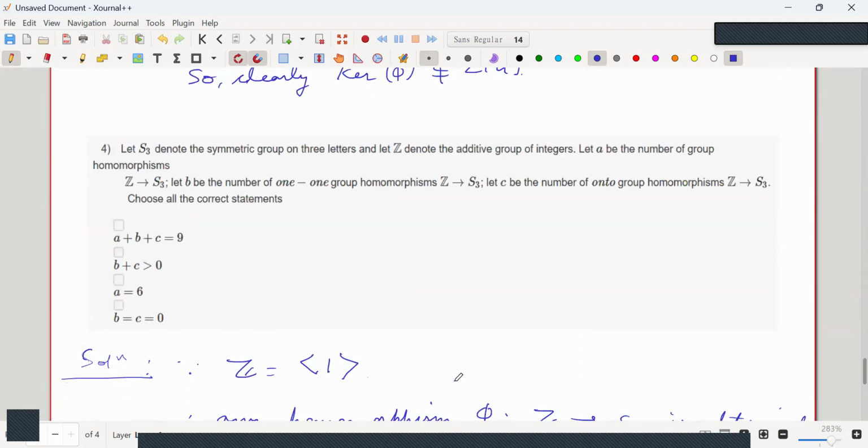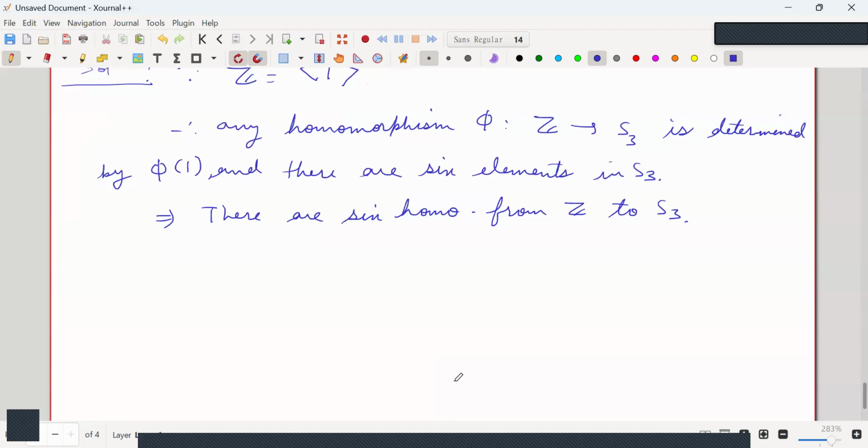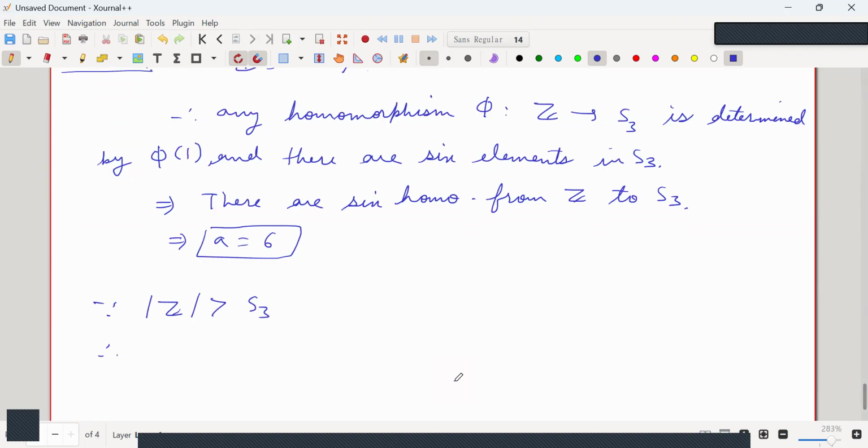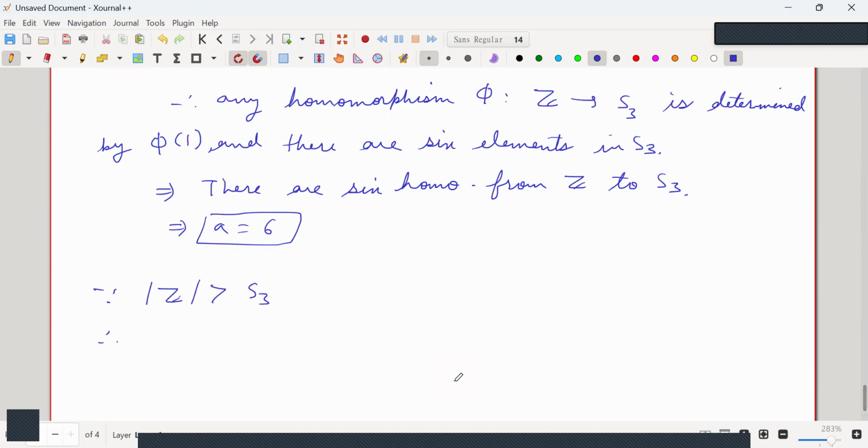Z is infinite and S3 is finite, so Z can't be injected. Since the order of Z is greater than that of S3, there is no 1-1 homomorphism.